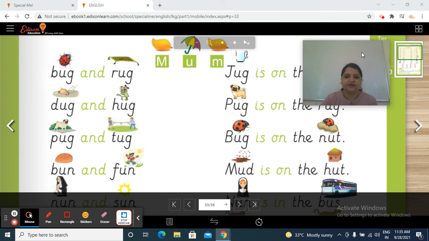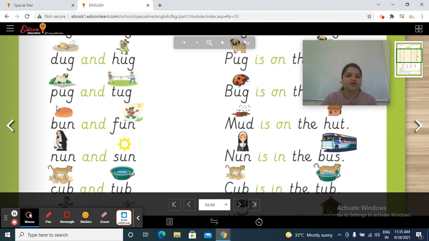So once again you have to read this. Yes, speak along with me. Bug and rug, bug and rug. Next one, dug and hug, dug and hug. Next one, pug and tug, pug and tug.